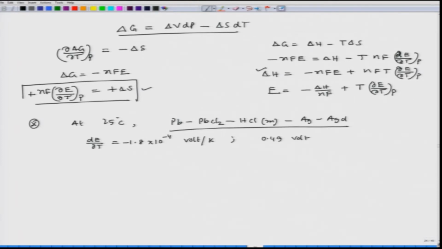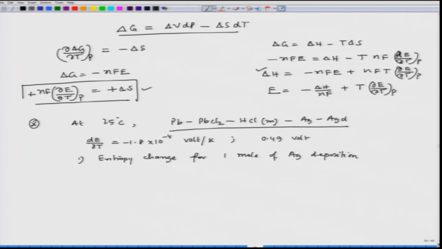and then one can find out the entropy change for 1 mole of silver deposition. In this case, on the right side there will be deposition of silver, on the left side there will be formation of lead chloride.